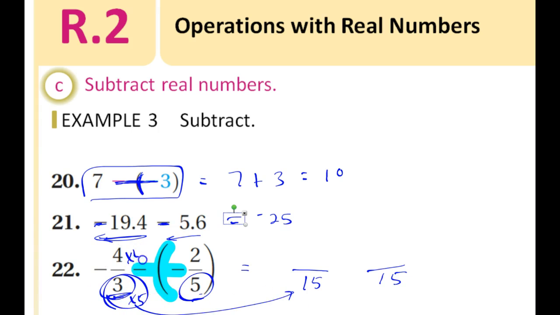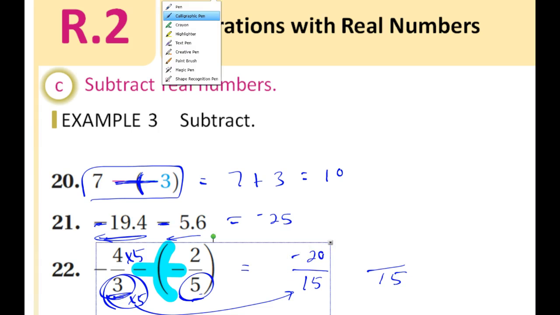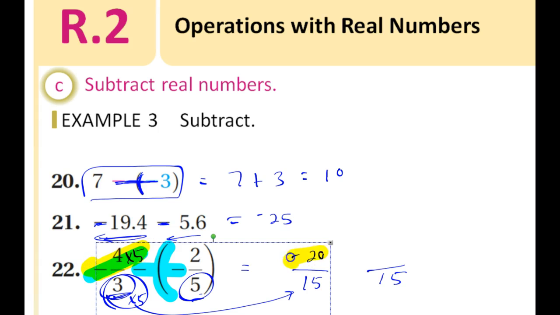So I multiply this by 5 and bring over a negative 20. I found the negative 20 from right here, which is the negative 4 times 5. I'm going to repeat this process by multiplying by what's lacking for the 5. So the 5 goes into the 15 3 times.